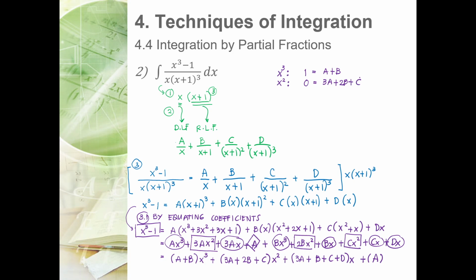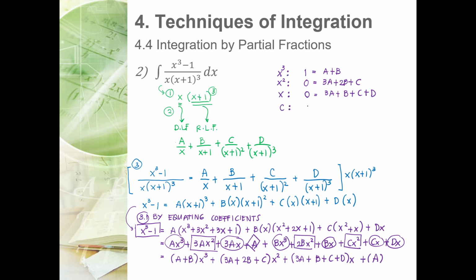So you get the idea, right? You need to equate the coefficients of the variables. For the coefficient of x on the left side, upon observation, since there's no x on the left side, it's 0. The right side is 3A plus B plus C plus D. And then lastly is your constant.